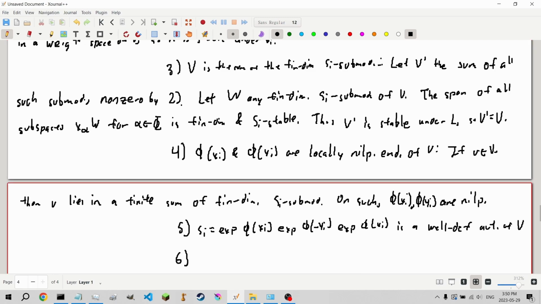Part 6. If mu is a weight of V, then Si of V mu is V of Si mu, that is, V of the reflection relative to alpha i on mu.